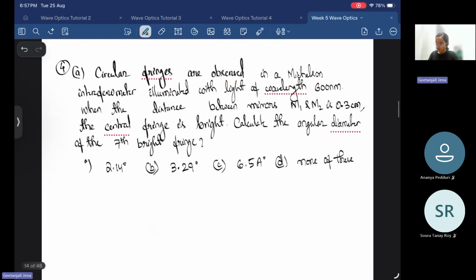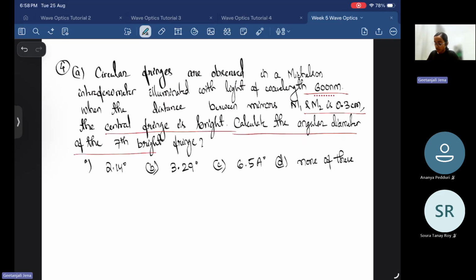Question number 4. Even circular fringes are observed in a Michelson interferometer illuminated with a wavelength of 600 nanometer. When the distance between mirrors M1 and M2 is 0.3 centimeter, the central fringe is bright.